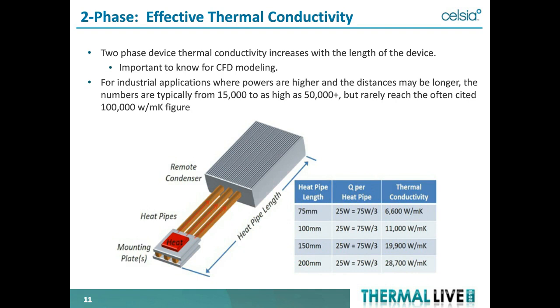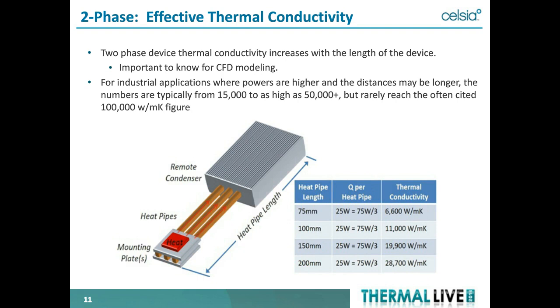So the power per heat pipe is the same. We go from a heat pipe at 75 millimeters long up to 200 millimeters long, each of those carrying 25 watts. And the conductivity numbers go from 6,600 watt per meter K up to 28,000 watt per meter K. So you can see if I extended this thing another 200 millimeters, how you would start to get to rather large numbers.